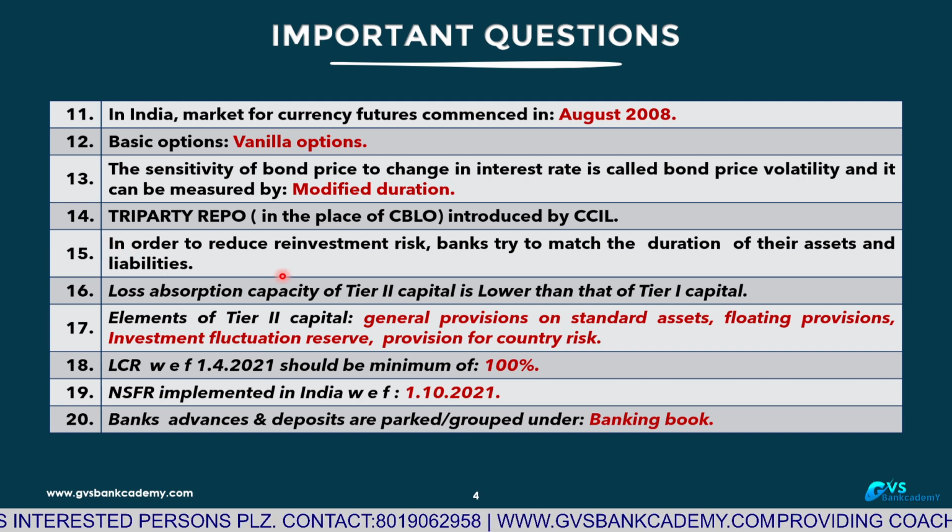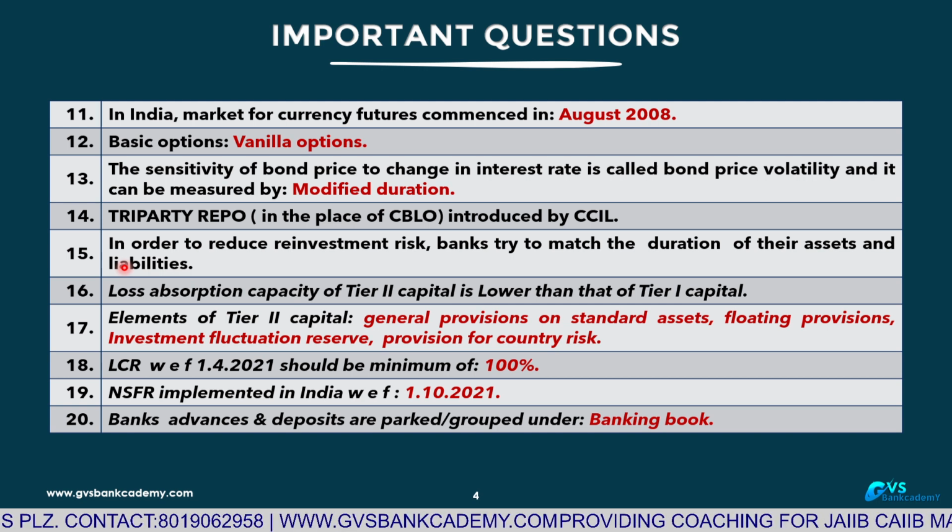Normally, in Government of India securities, reinvestment risk is there. To reduce reinvestment risk, banks try to match the duration of their assets and liabilities. Then there is no reinvestment risk the bank has to face.